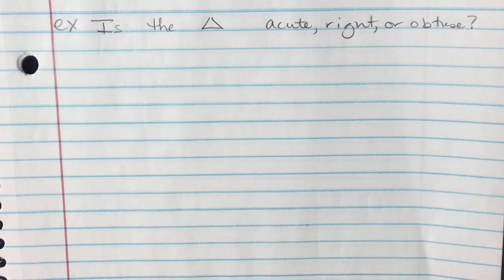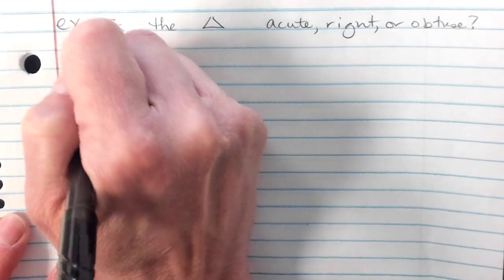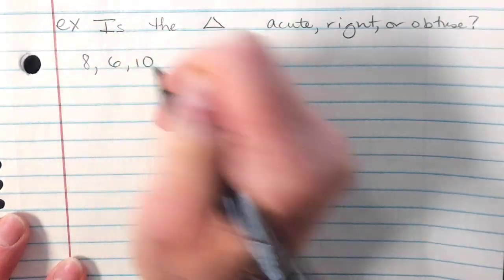I'm not going to draw the triangle because the way I draw it might give you a clue, and you can't go based on the picture. You have to go based on what the numbers tell you. So I'm going to give you an 8, a 6, and a 10.